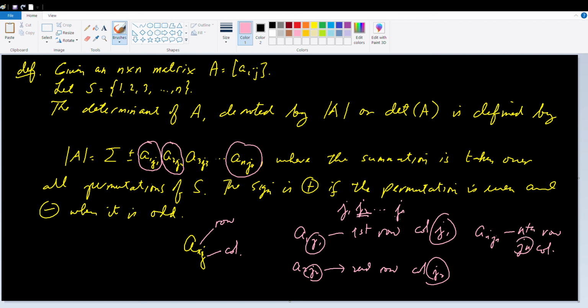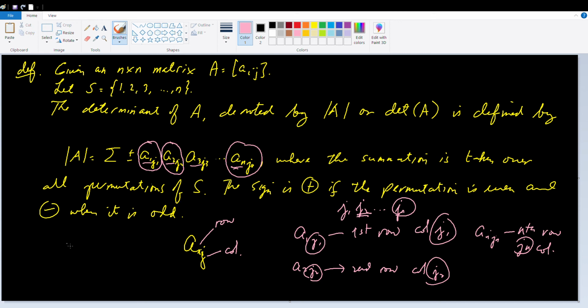Jn represents the last entry in the permutation J1 up to Jn. Okay? So we will do that for all the permutations of S. Notice also that there is one entry coming from each row. From row 1, A1, from row 2, A2, from row 3, A3, up to row n, A sub n. The column positions J1, J2, J3, up to Jn are dictated by the permutation J1 up to Jn.